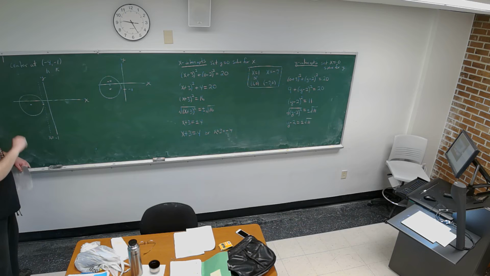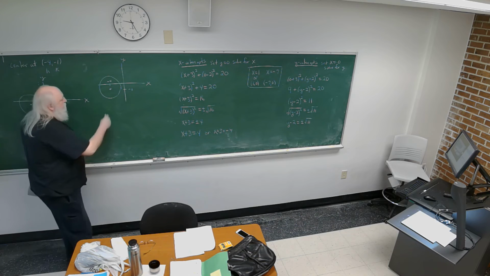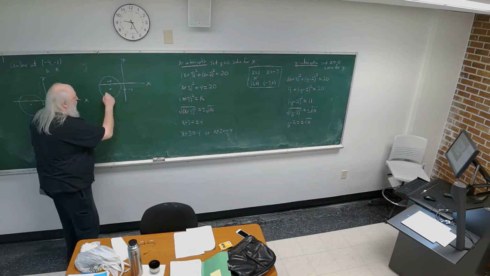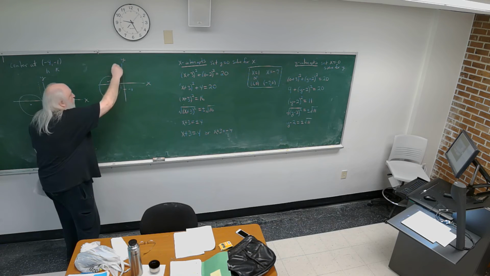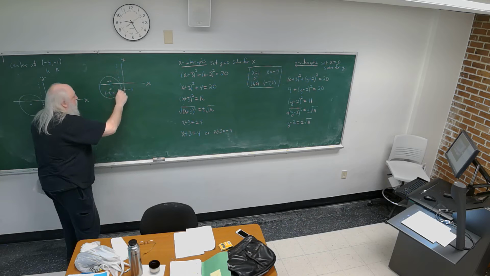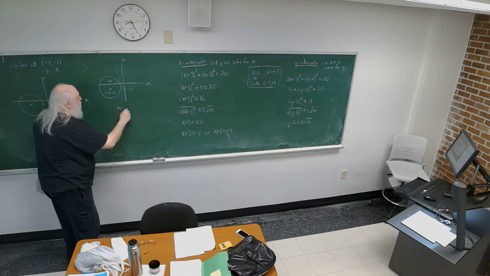I can draw a decent circle freehand, but I have a hard time drawing a good circle freehand inside a coordinate plane. So I provide you the coordinate plane. You just go to the point minus 4, minus 1. That's where the center is. And then you're going to draw a circle that just touches the vertical line, x equals minus 1.